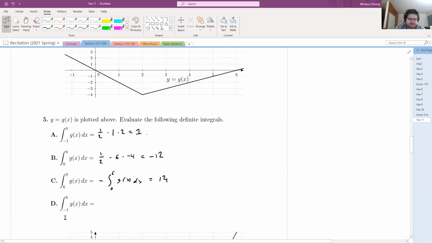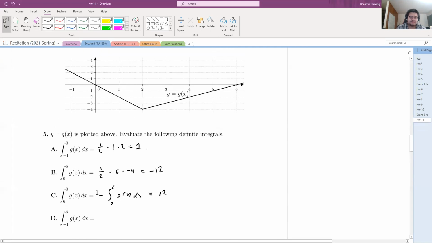And lastly, for this part D, we have integral from -1 to 6. So this is giving us another property of integrals, which is that the intervals add in the way that you would expect.